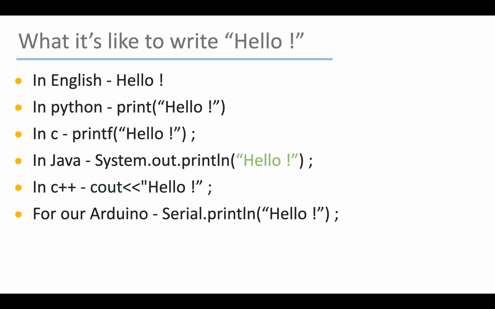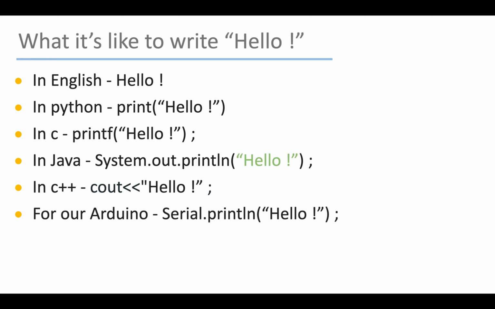First we have English. There we will just write hello. But in Python, it will be written as print, brackets, quotes, then hello. And in C, it's printf followed by the brackets, quotes, then the hello, and lastly we have these statement terminators that you can see in the third point. Then in fourth, we have Java.